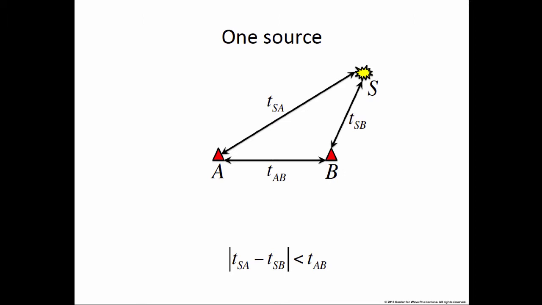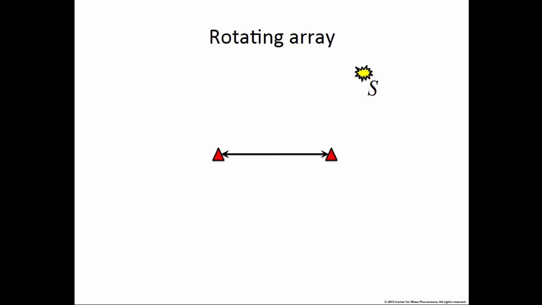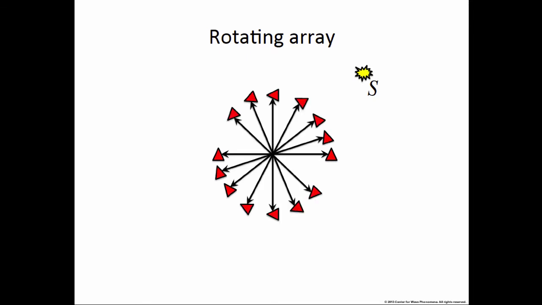If we have an isolated noise source and just a limited number of sensors, can we still find the velocity? And the whole concept is to use a rotating array. What if we could use two sensors and put them on a rotating array? That would sort of mimic the situation that we had earlier of sources all around us.